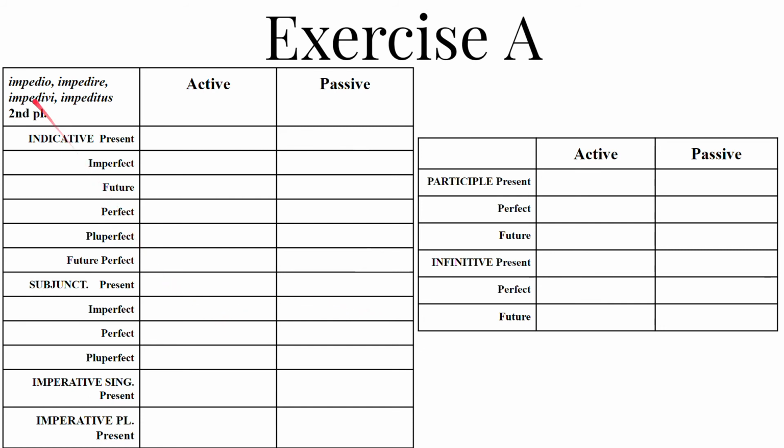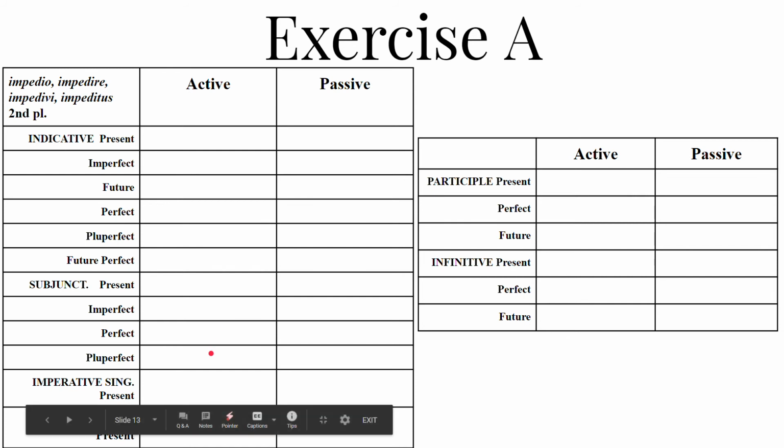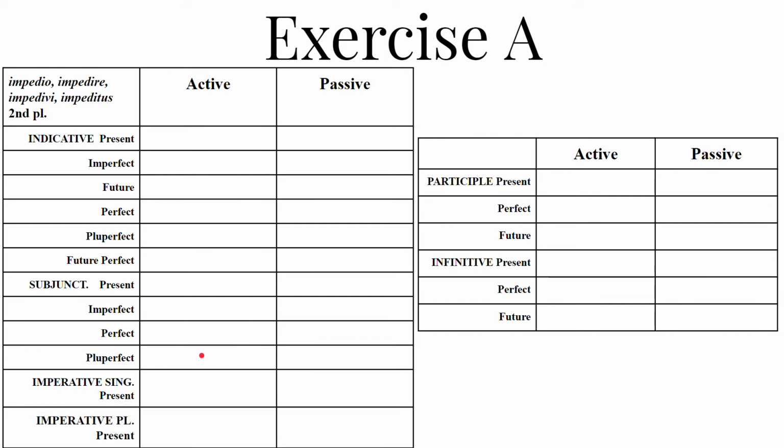Perfect comes from the perfect stem impediv, plus the perfect subjunctive endings erim, eris, erit, erimus, eritis, erint. So impediveritis. The pluperfect, impedivisse, like the perfect active infinitive. Impedivisse, but you add the personal endings, tis: impedivissetis.